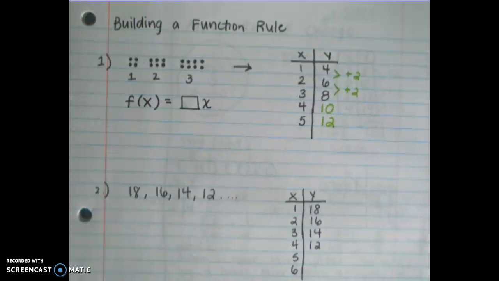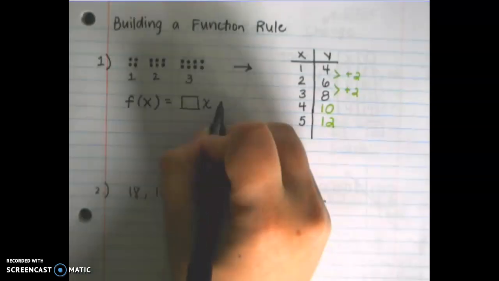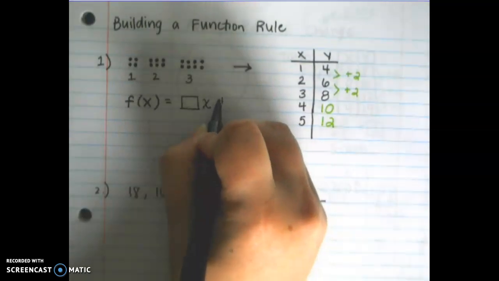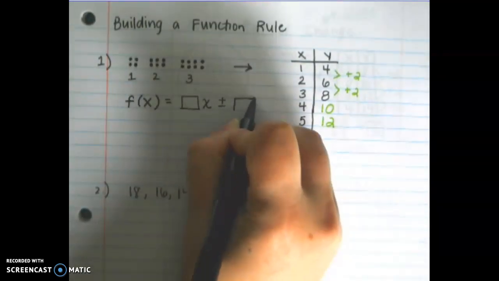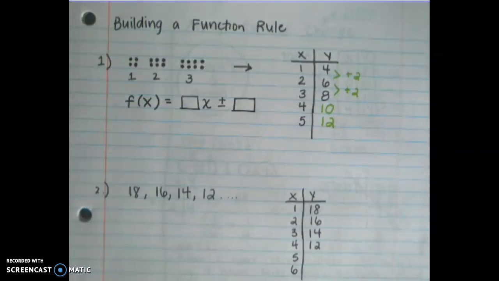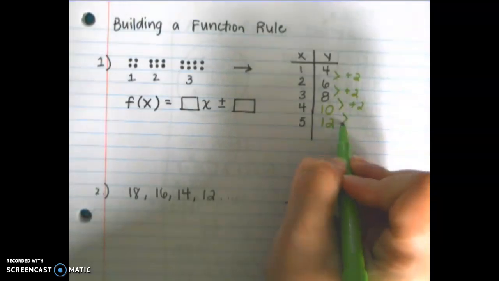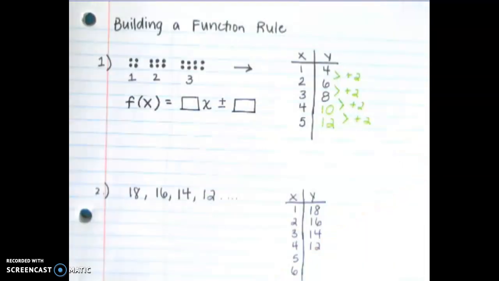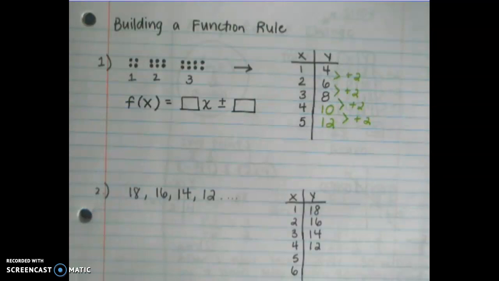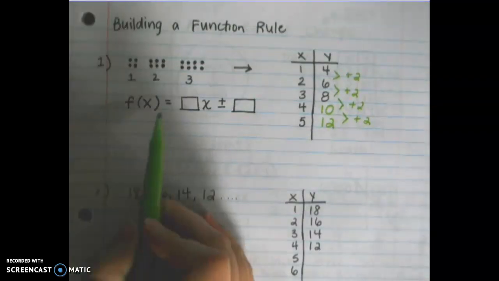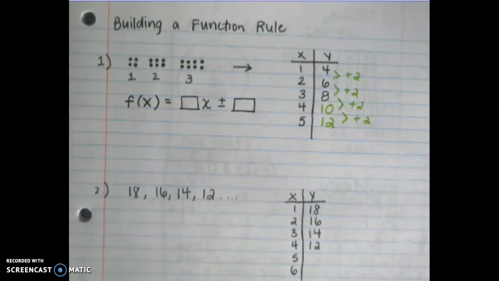I'm probably going to have to multiply something by my x, and then maybe add or subtract something to finish this pattern. If you remember, if you're going up or down by the same amount every time, it's going to look kind of like a line. So this is going to start to look like y equals mx plus b.